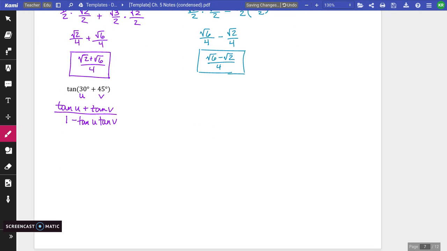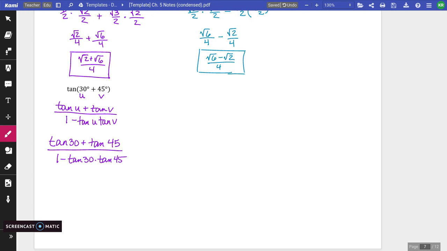Okay, so again, I'm just going to plug in. So I'm going to go tangent of 30 degrees plus tangent of 45 degrees over 1 minus tangent of 30 times tangent of 45. Okay, again, go to your unit circle.